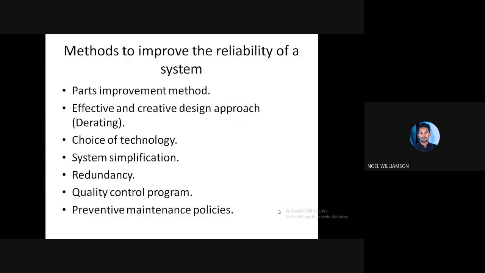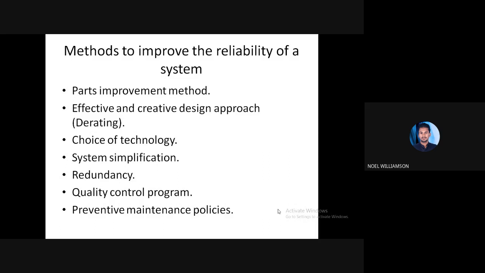In any product we can see there are certain elements or components which are vulnerable to failure. So these critical components can be replaced or improved, or you can improve the whole component.